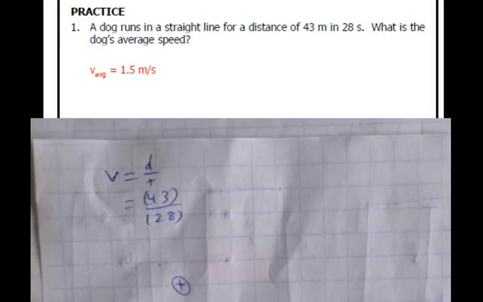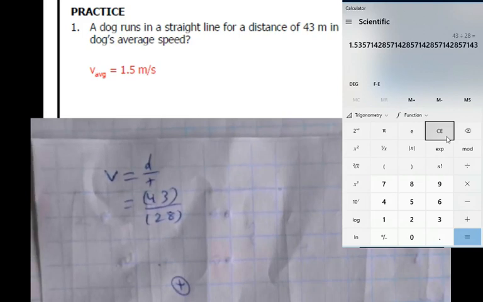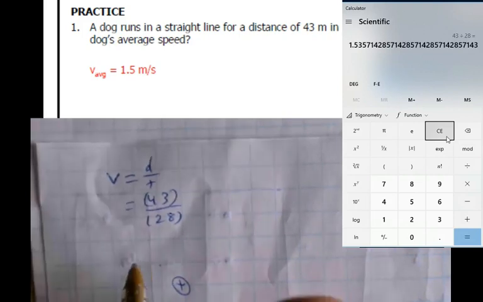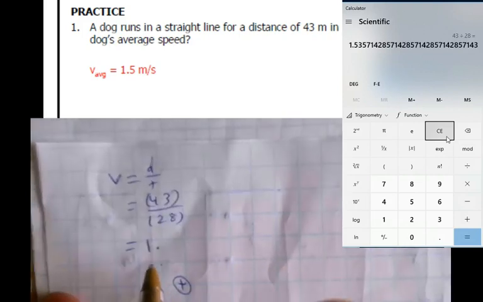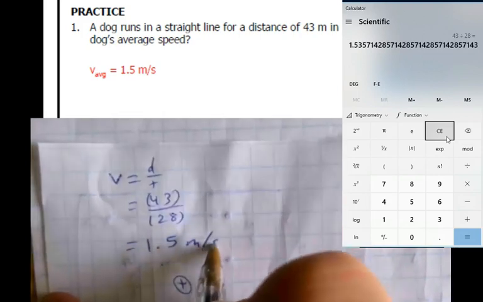Let's use the calculator. 43 divided by 28 gives 1.53. That works out to 1.5 meters per second.